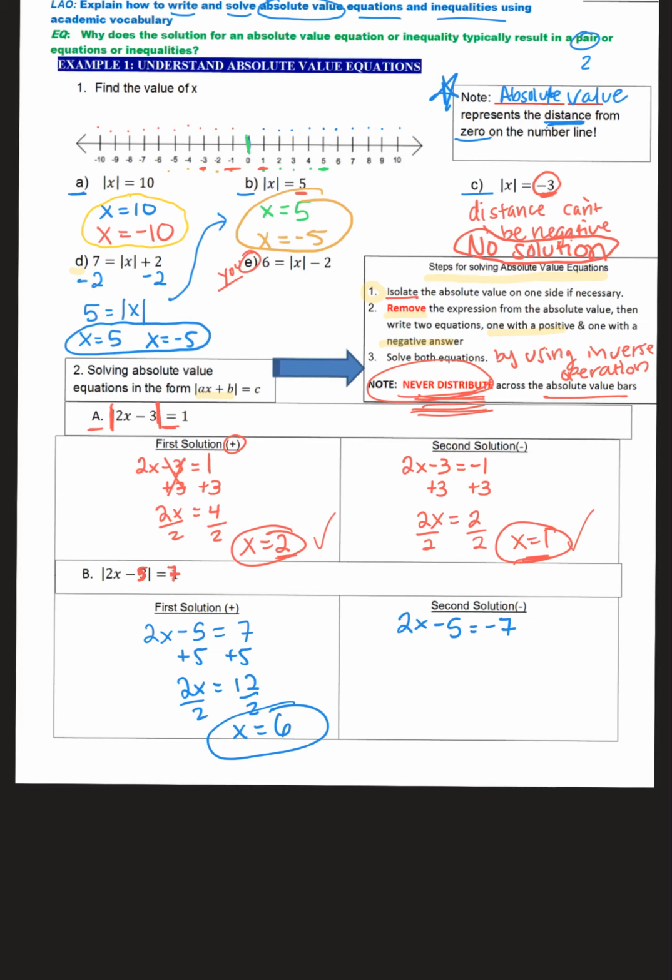My second solution, I'm going to add 5, 2x equals negative 2, divide by 2, and I get x equals negative 1. So if I plug these numbers in for x here, I'm going to get two numbers that are equidistant from each other on the number line. They will both be 7 units away from 0. All right, let's go to the back side.